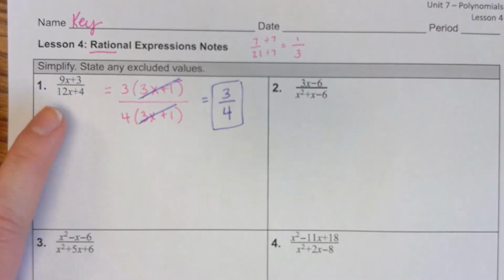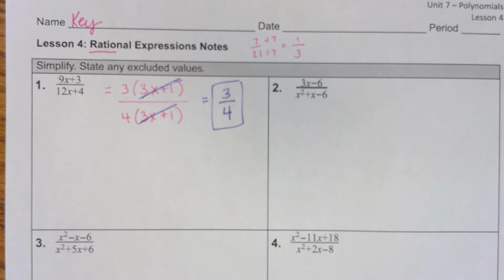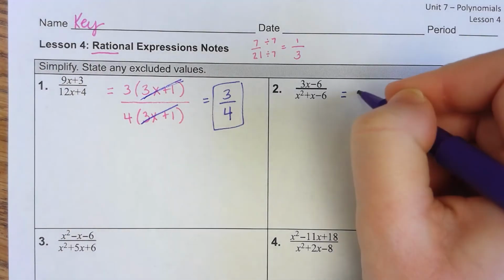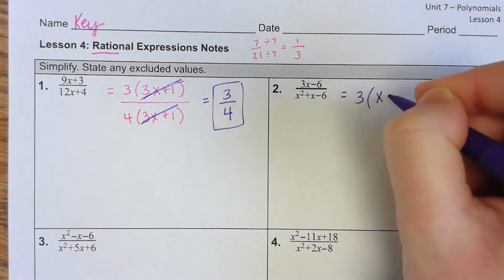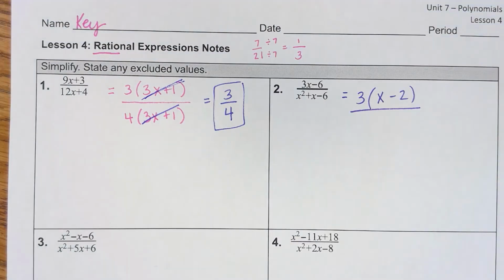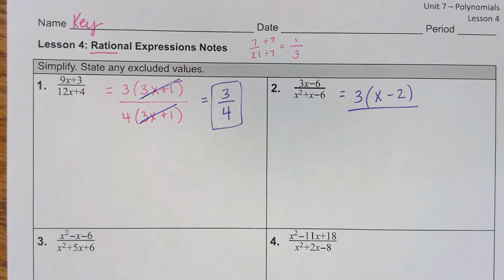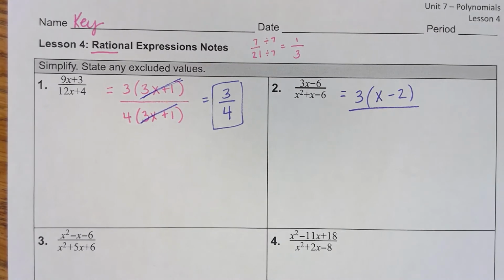That's the important part. All right, so let's look at number 2. The numerator has a GCF of 3, and I'm going to reverse distribute that out. So that's my numerator factored. And now my denominator is a trinomial.